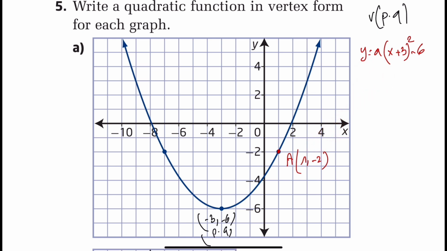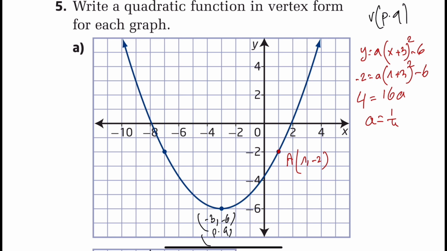So y is minus 2 is equal to a times (1 plus 3) squared minus 6. So this will give me minus 2 plus 6, which will be 4, is equal to 16a. So that means a is equal to 1 over 4.